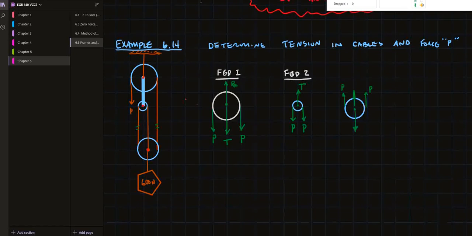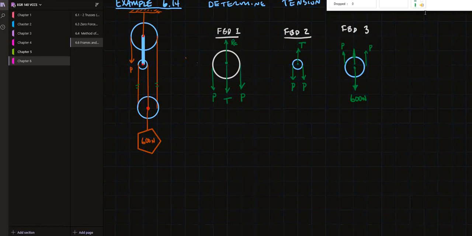Our load is on this one, 600 newtons, and that's our free body diagram number 3. So from inspection, I can see that if this is P, then I have to have equal and opposite. That's like our first rule. P here, opposing it.